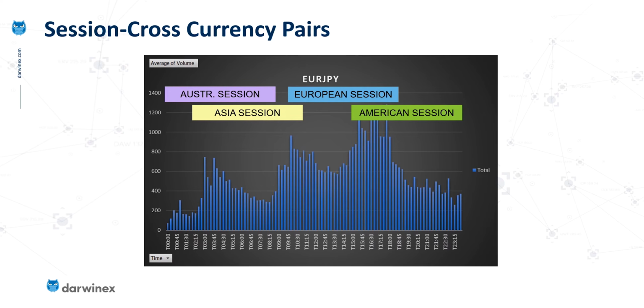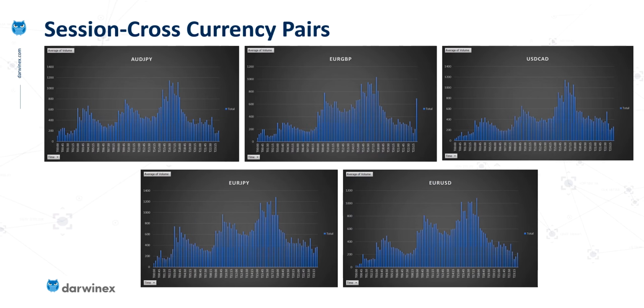And then for euro-yen, you'll notice that the size of the volume during the Asian session is now relatively more for this pair. So the important takeaways here are that generally speaking, the three-peak pattern persists across all currency pairs. However, the relative size of each of those peaks for the main three sessions varies.